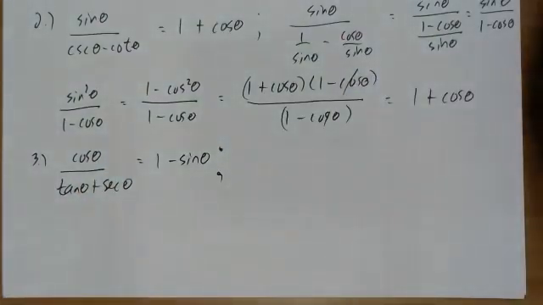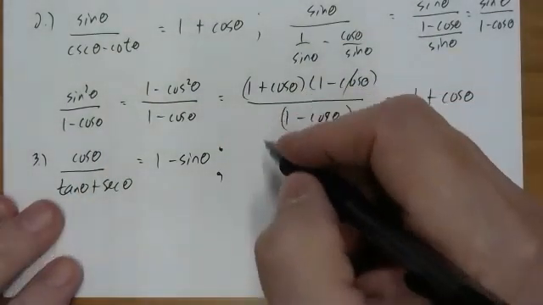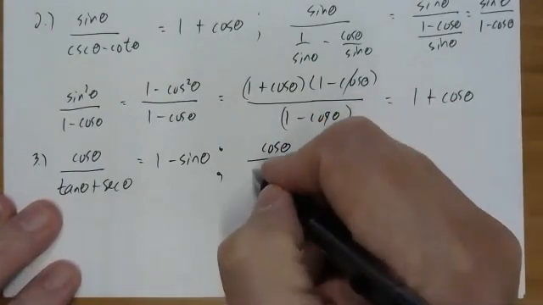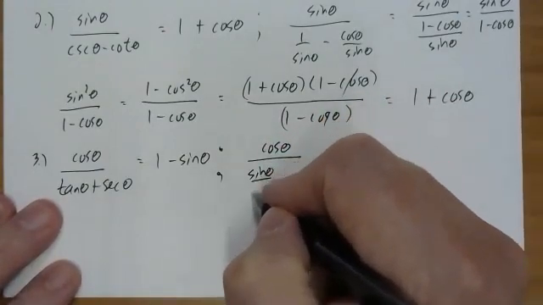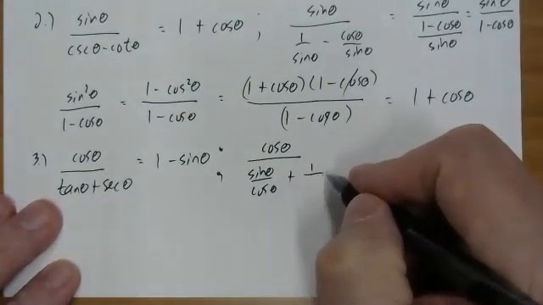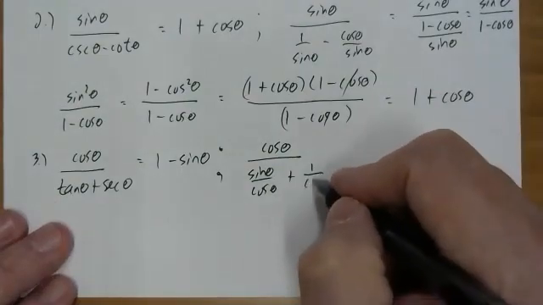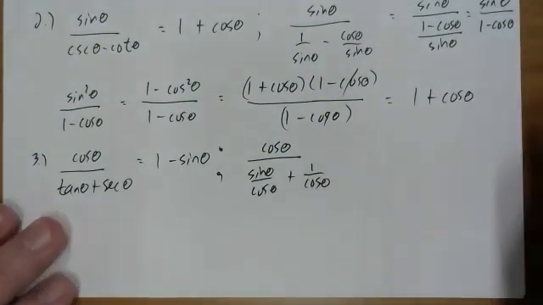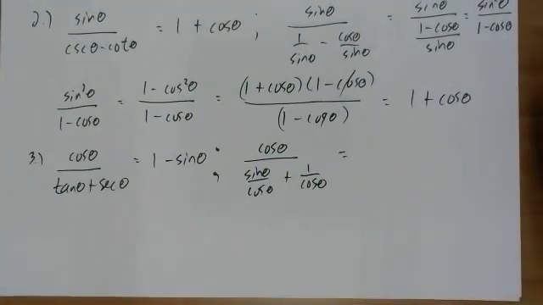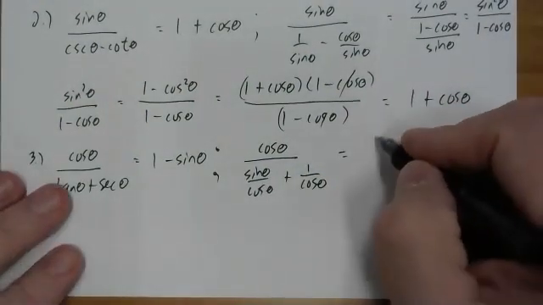So I'll take the left-hand side. Let's convert everything to sines and cosines. Tangent is sine theta over cosine theta. Secant is 1 over cosine theta. So I can actually add these two fractions in the bottom since I have a common denominator.